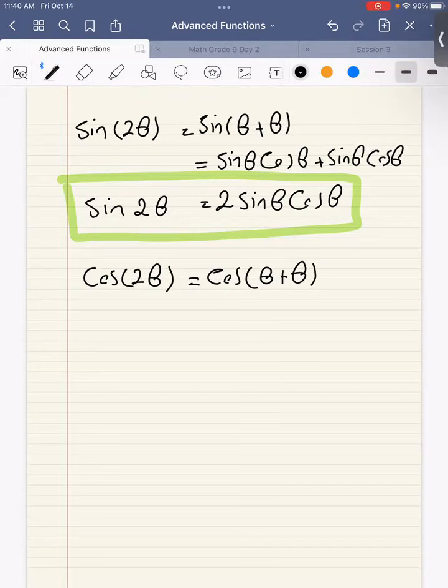Okay, so can you tell me what is cosine of 2 theta? Double angle.